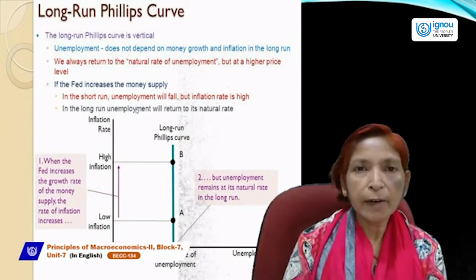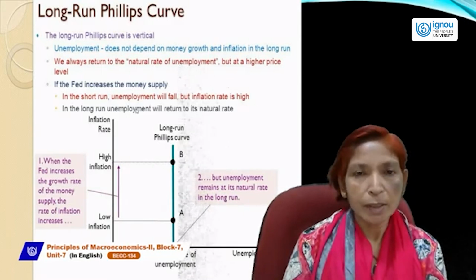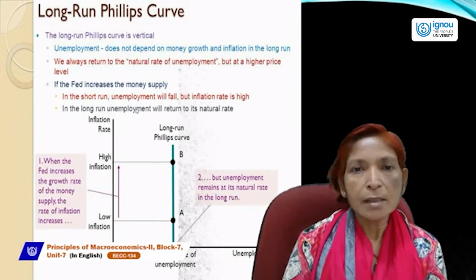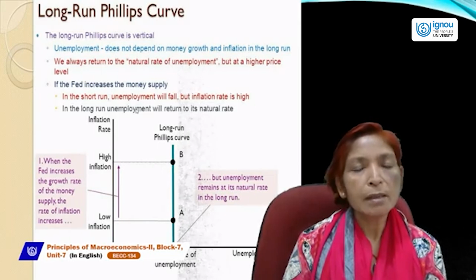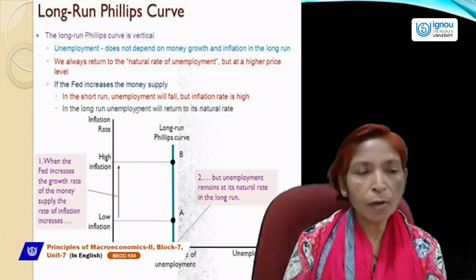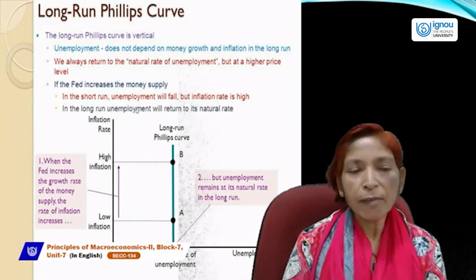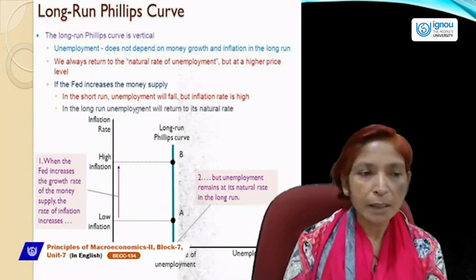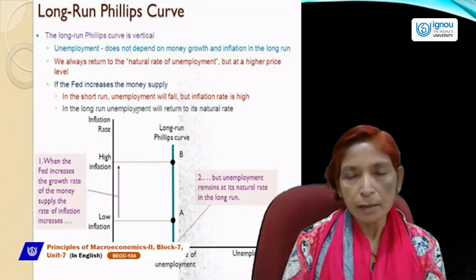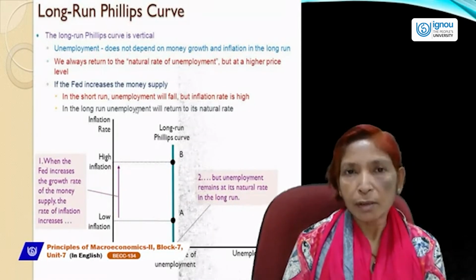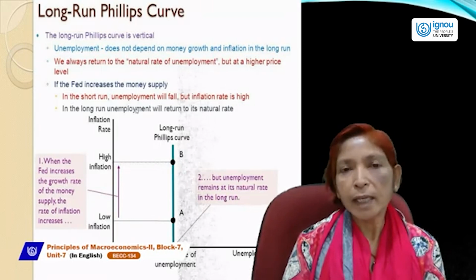The USA central bank is known as the Federal Reserve System, or Fed. If the Fed increases the money supply, in the short run, unemployment will fall and the inflation rate will rise.